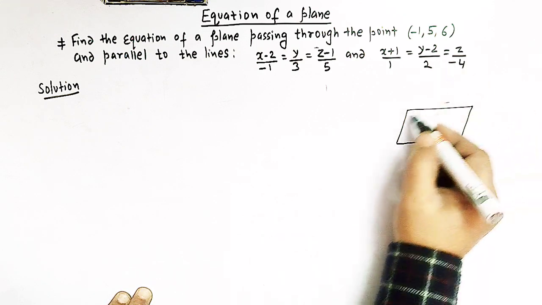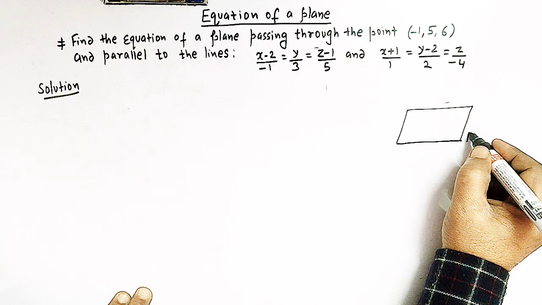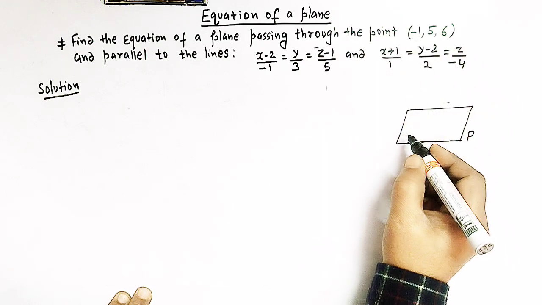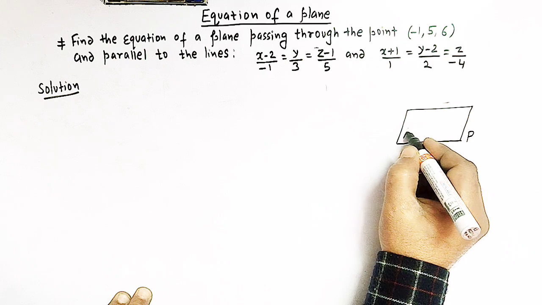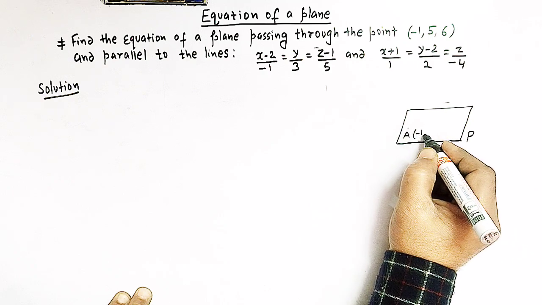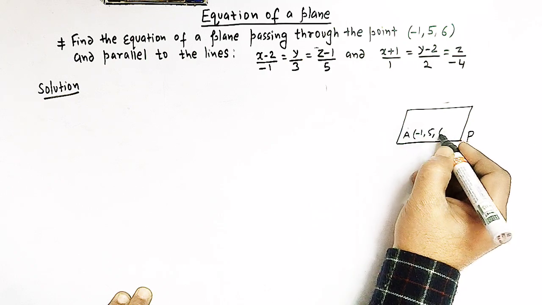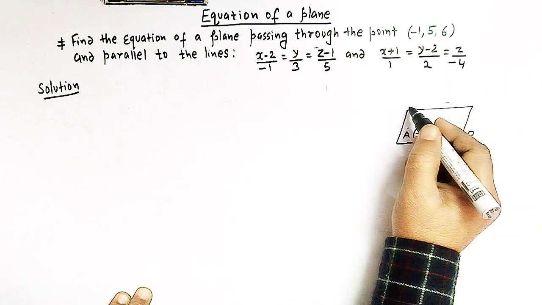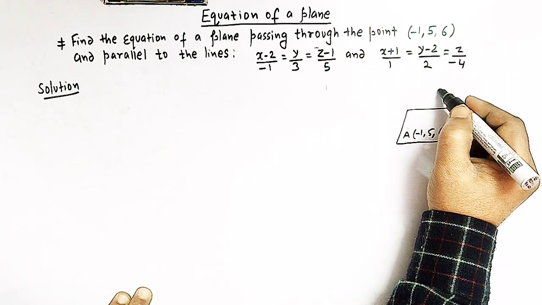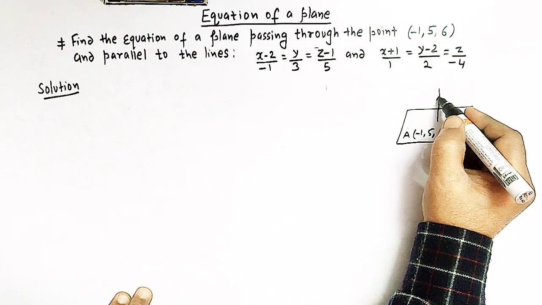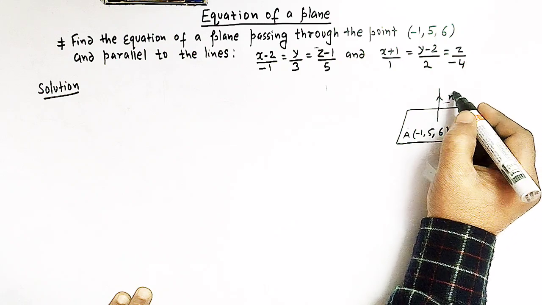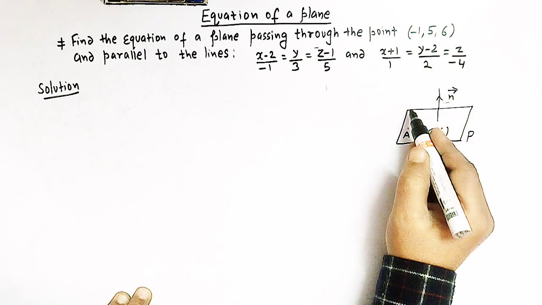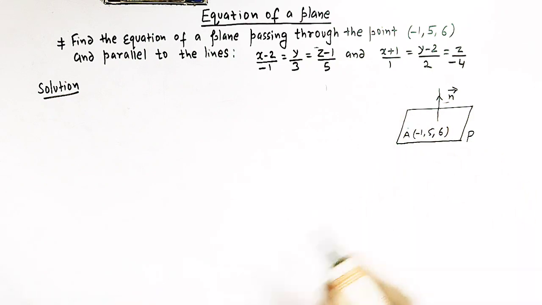This plane may be denoted by P, and it passes through this point, say A, whose coordinates are (-1, 5, 6). The normal to this plane P may be drawn like this, and this vector, vector n, is the normal vector to this plane P.